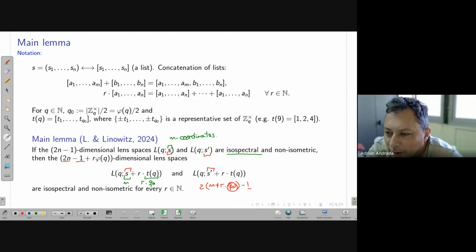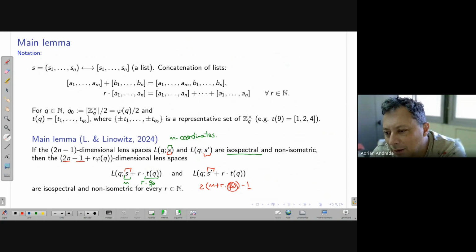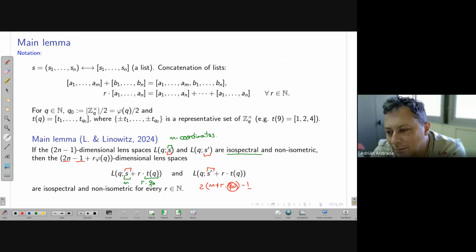Computational in the sense that I put the machine to look for examples and to know exactly which p-isospectrality can be realized among lens spaces and which not. And the idea of this paper is that whenever I see some evidence of some result, I try to prove it, or I conjecture, or I do something.